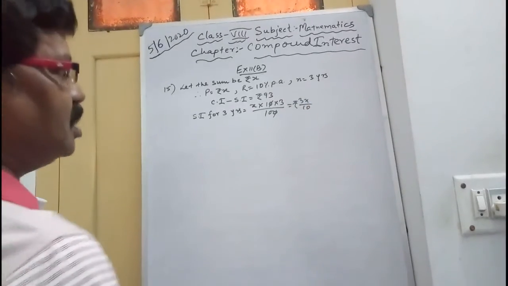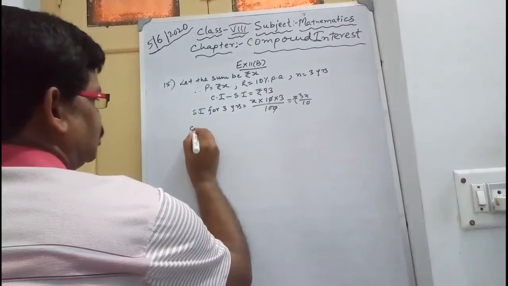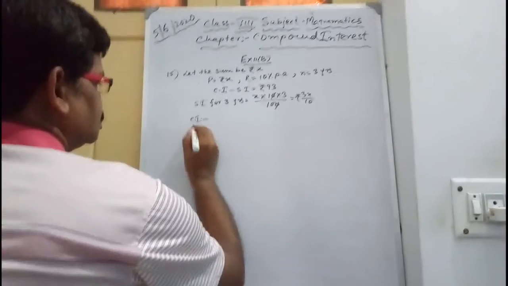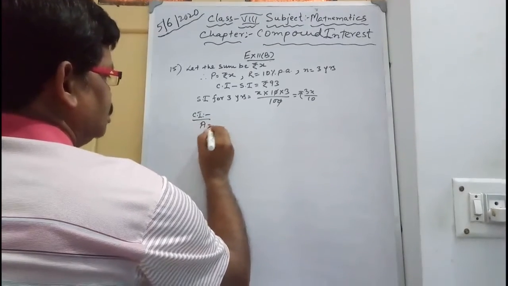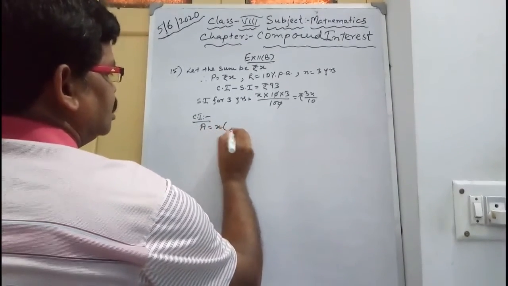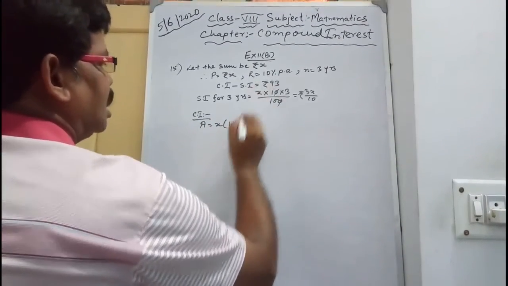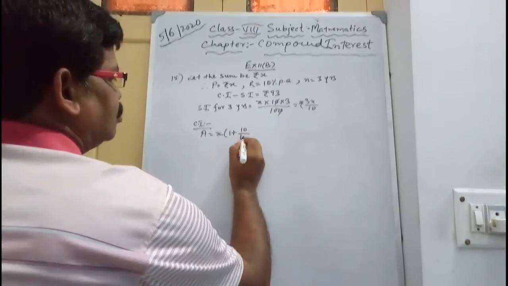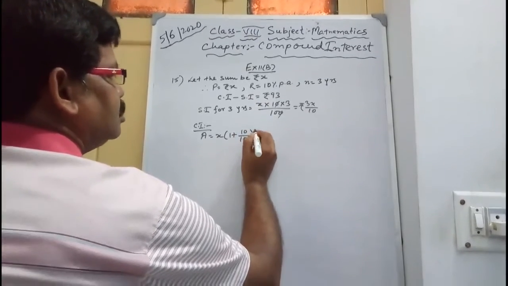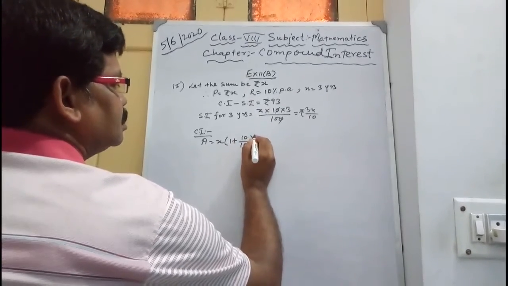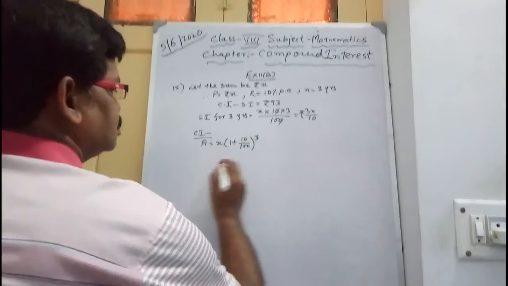Next find compound interest. So for compound interest, first find the amount, P into 1 plus R by 100 into power 3.